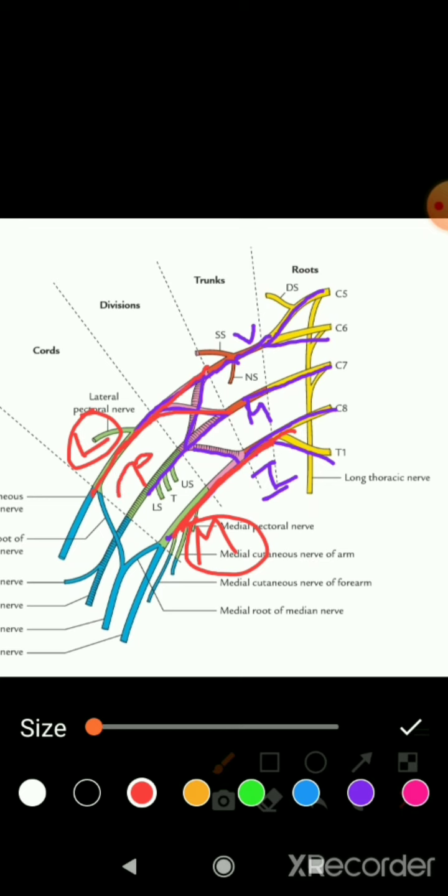Then come to the posterior cord. This posterior cord is formed by the posterior division of all 3 trunks.